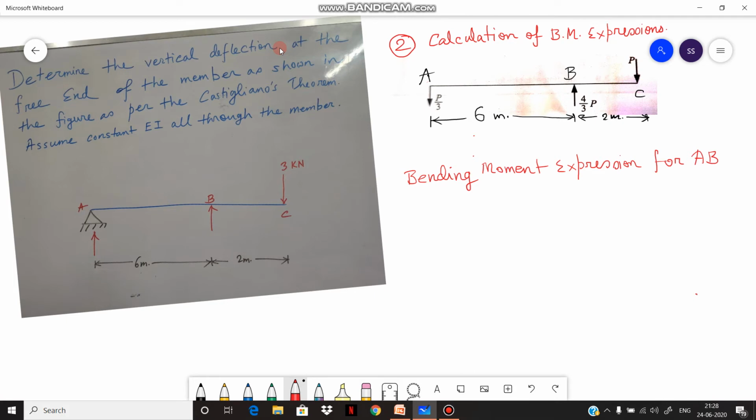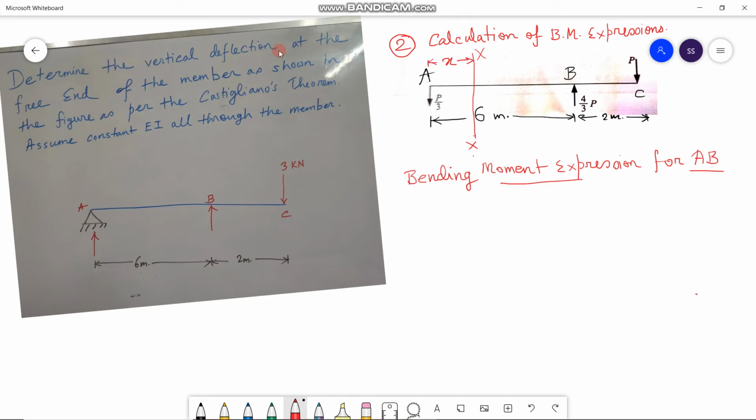To calculate the bending moment expression for the portion AB, let us put a section xx at a distance small x from the left hand support, that is from point A. So the bending moment with respect to section xx, we have Mx equals minus P by 3 into x, as the distance between the section xx and the reaction force P by 3 is x.